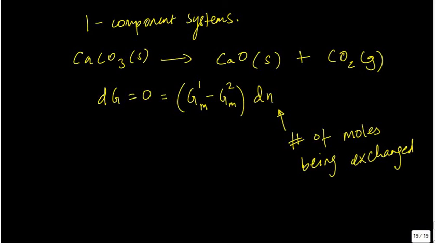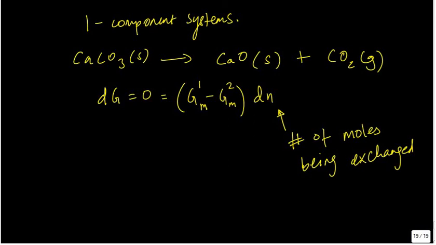The change in Gibbs free energy is the molar Gibbs free energy of phase 1 times the number of moles that have escaped from here, minus the molar Gibbs free energy of phase 2 times dn, the number of moles that have come to this phase. It's going from phase 1 to phase 2. You want to write 2 minus 1? It's okay. Still will be 0.